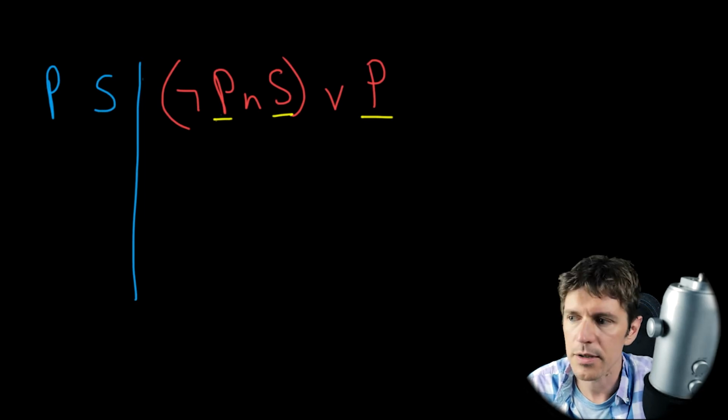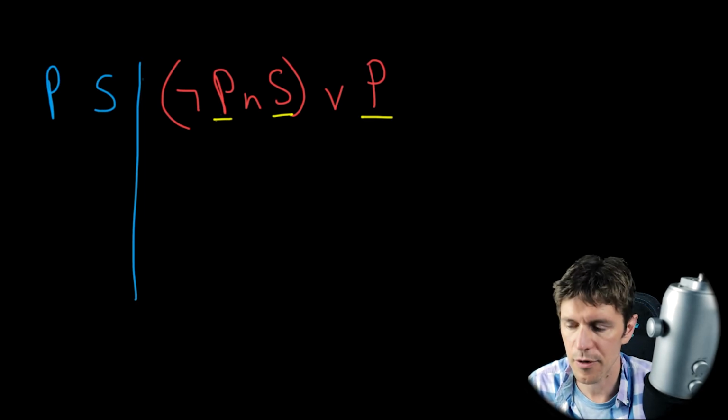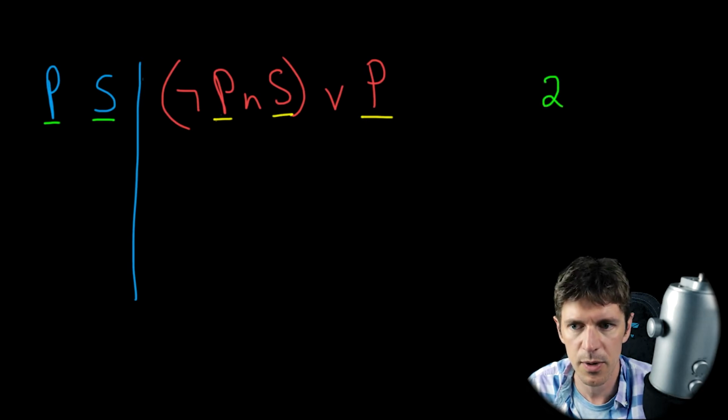The next step is to identify the number of rows that we'll need in our table. We're going to need a certain number of rows that go under P and S in the formula, and so we need a way of determining that. The way we determine that is we just take the number of distinct propositional letters, which in our case is 2, and plug that into n for the following formula, 2 to the n. If we only had one letter, we would need 2 rows, because 2 to the 1 would be 2.